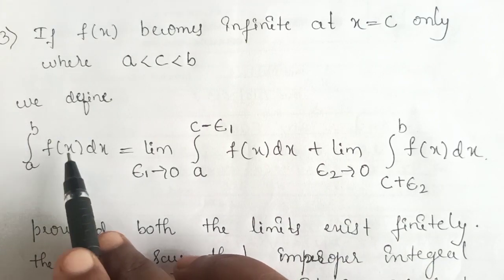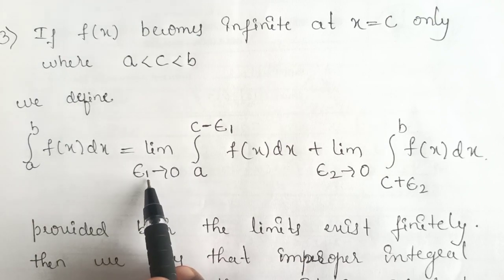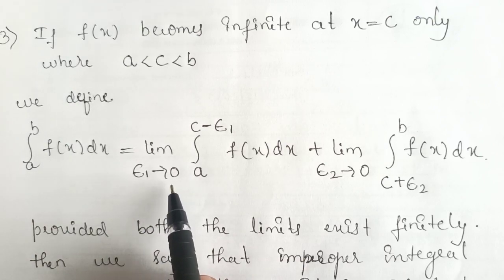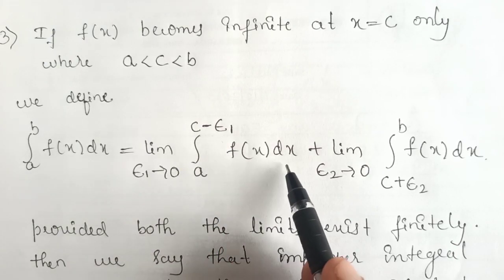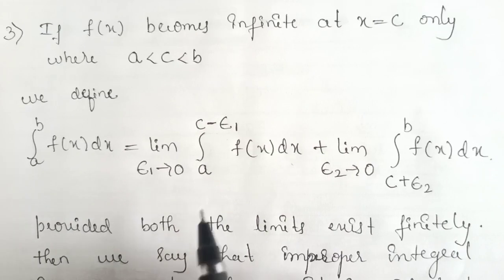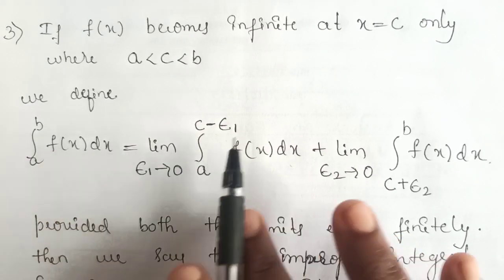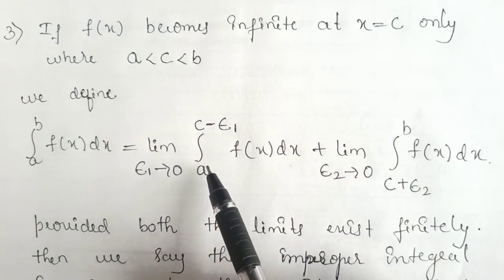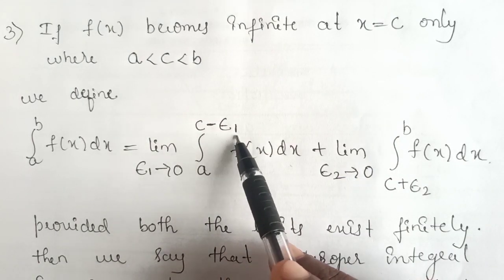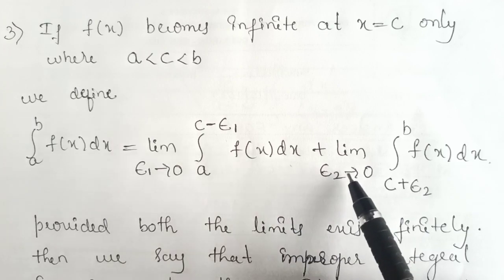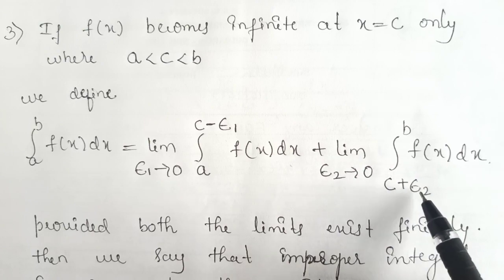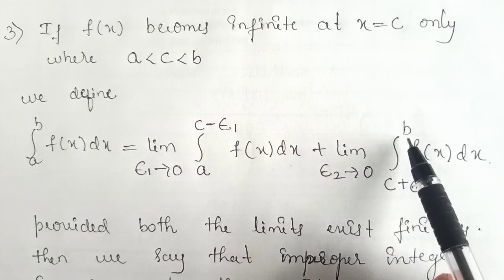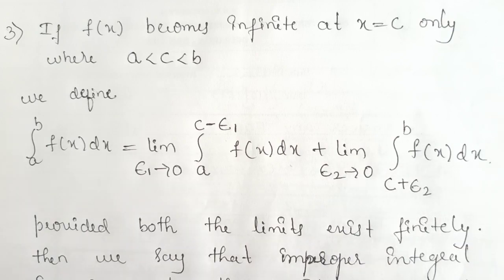Then we define the given integral as limit epsilon 1 tends to 0, integral a to c minus epsilon 1 f of x dx, plus limit epsilon 2 tends to 0, integral c plus epsilon 2 to b f of x dx. So here we divide it into two integrals.